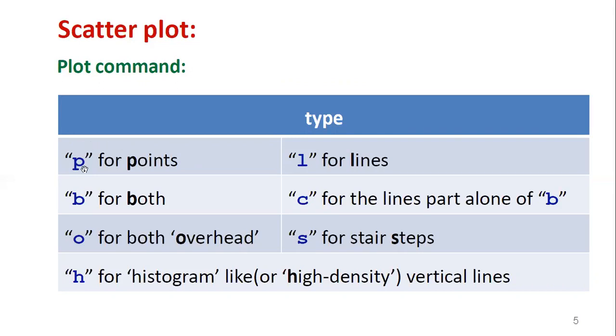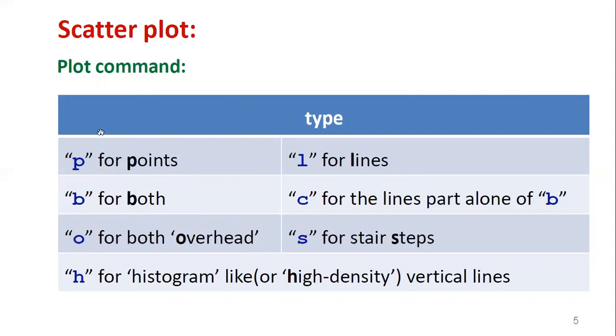Whenever you mention type equal to p, it provides points. Type equal to l shows lines. Type equal to b shows both points and lines. That means the graph will be shown with the combination, depending on the type we use.